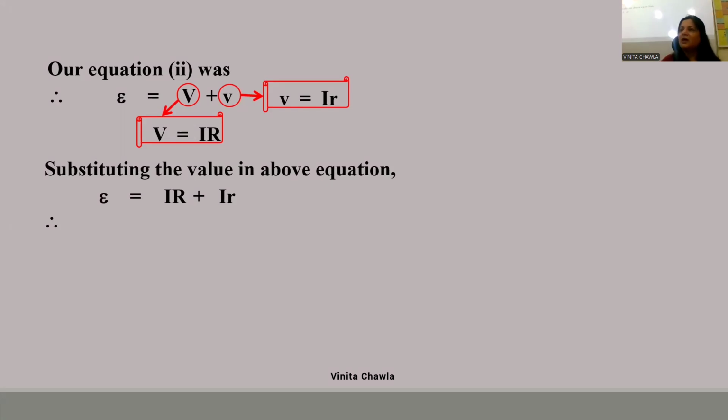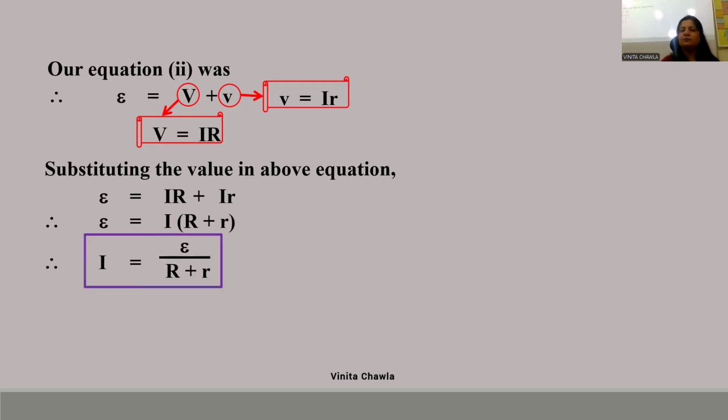Now we can move this I outside and we can place this capital R plus small r in the bracket. Okay. So by placing them in the bracket, we get another relation. This is the same relation. We are just writing in different forms. Okay. I is equal to E upon capital R plus small r, this is the current which is flowing in the circuit.